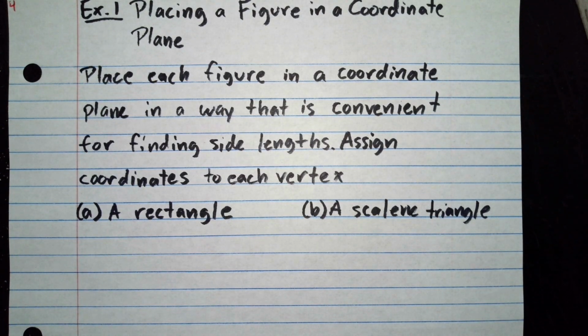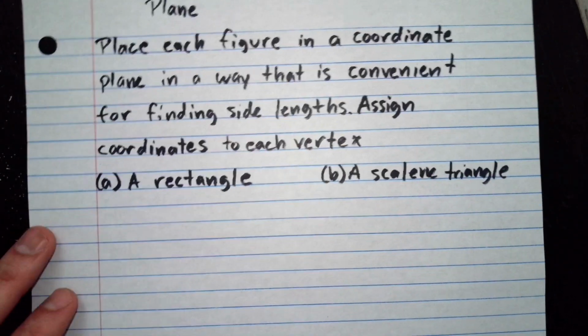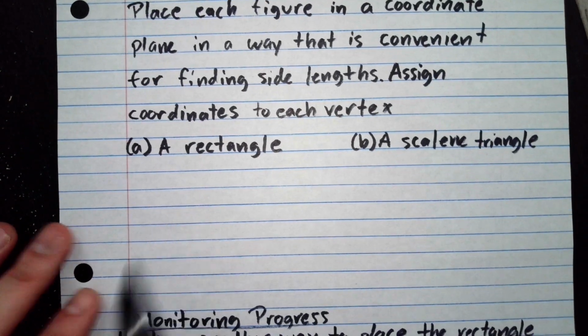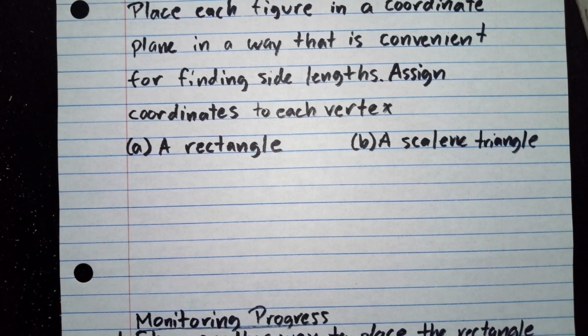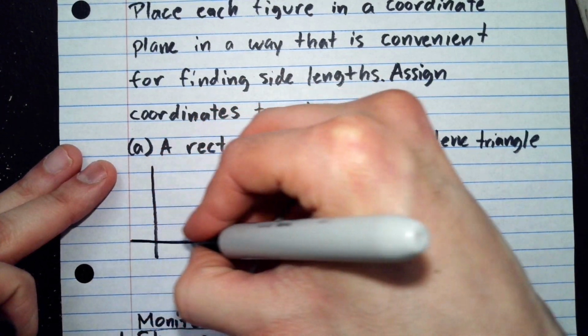At first this might seem a little bit weird because we have full control of what variables and what coordinates we can use without actually giving them a number. So for A, one of the easiest ways that we could put a rectangle in a coordinate plane will look like this.